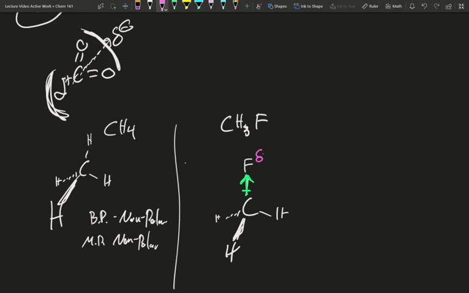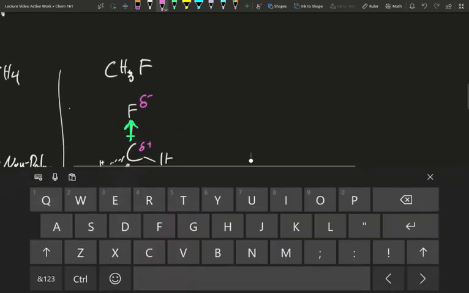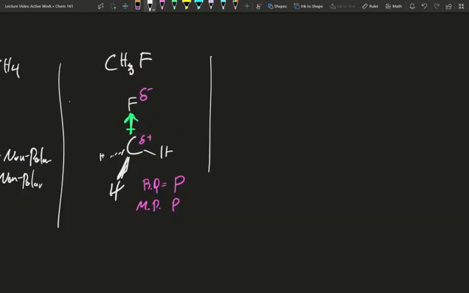So I expect some partial negative out here, some partial positive here. Well, this is CH3F. We said earlier, these have bond polarities. This is absolutely a polar molecule. So my bond polarity was polar. My molecular polarity is polar. Keep going with it.